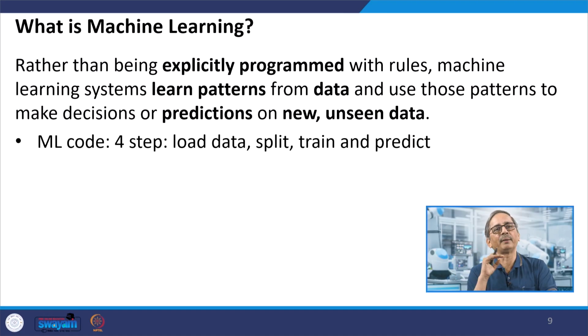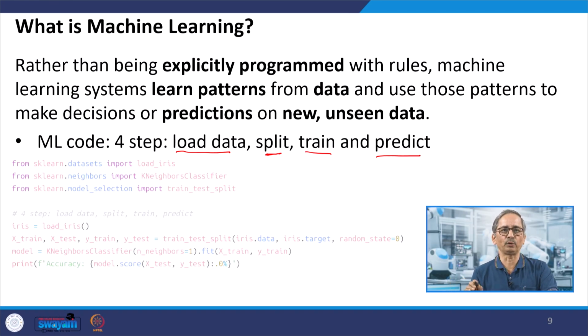So, the machine learning code essentially comprises 4 steps. First we load the data, then we split the data into training and testing, the two parts, then we train, and finally predict. So, these are the 4 steps in the machine learning code.